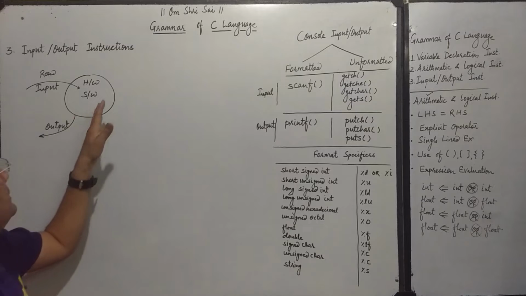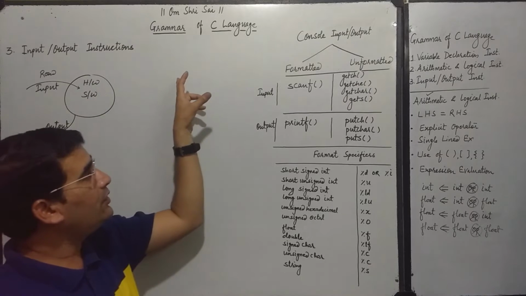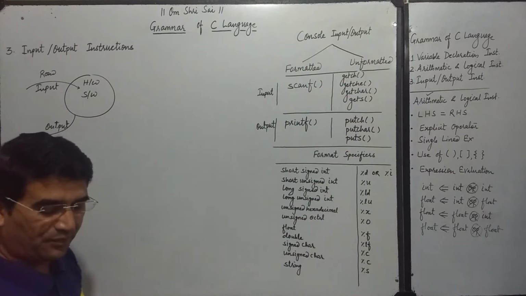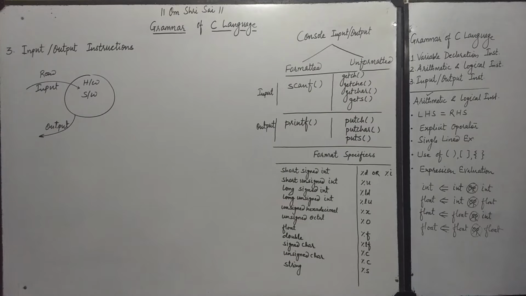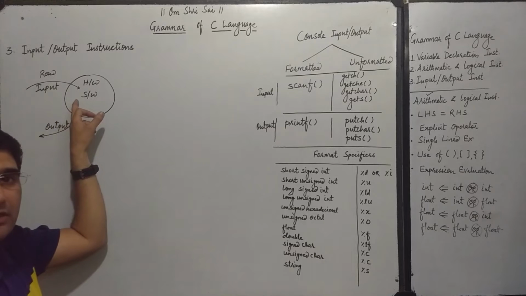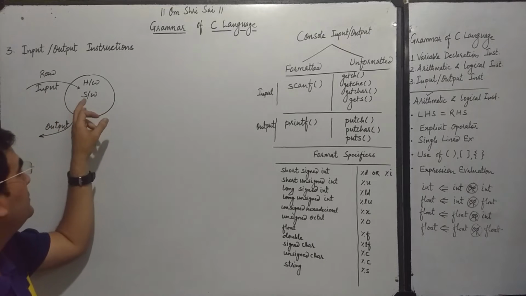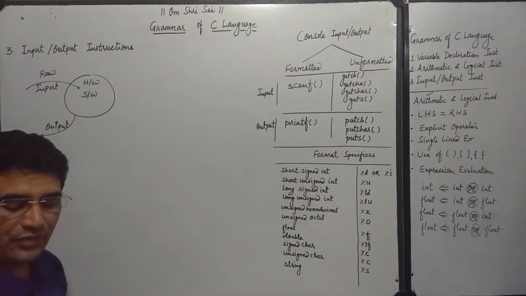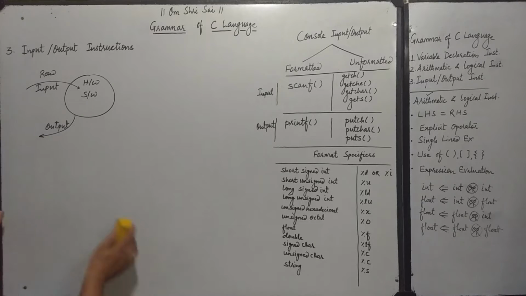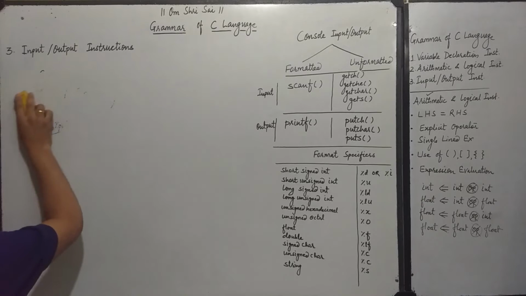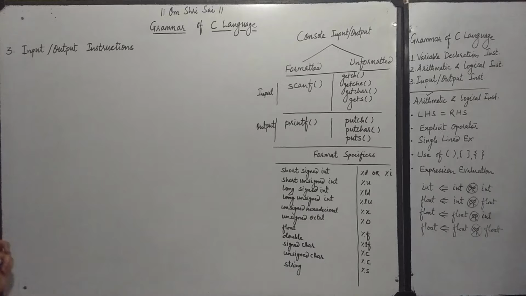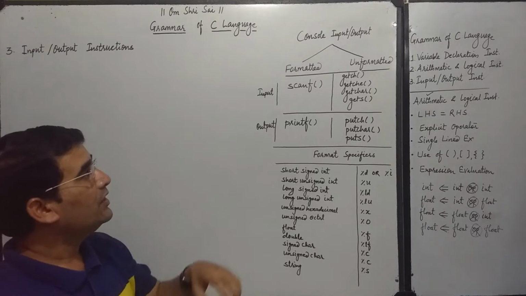Now in C, the input and output is achieved using the console input output. The system will be connected with some input device, for example keyboard, and the system will be connected with an output device, for example monitor. So there should be some mechanism to get the input from the input device inside the system, and that can be achieved using the input.